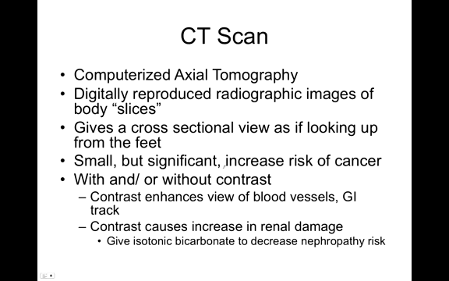So a CT scan is computerized axial tomography, or sometimes they call it a CAT scan. That's where that came from. It's digitally reproduced radiographic images. So this is done with computers, and they have an array. So if you've ever had a CT scan, it looks like a semicircle.